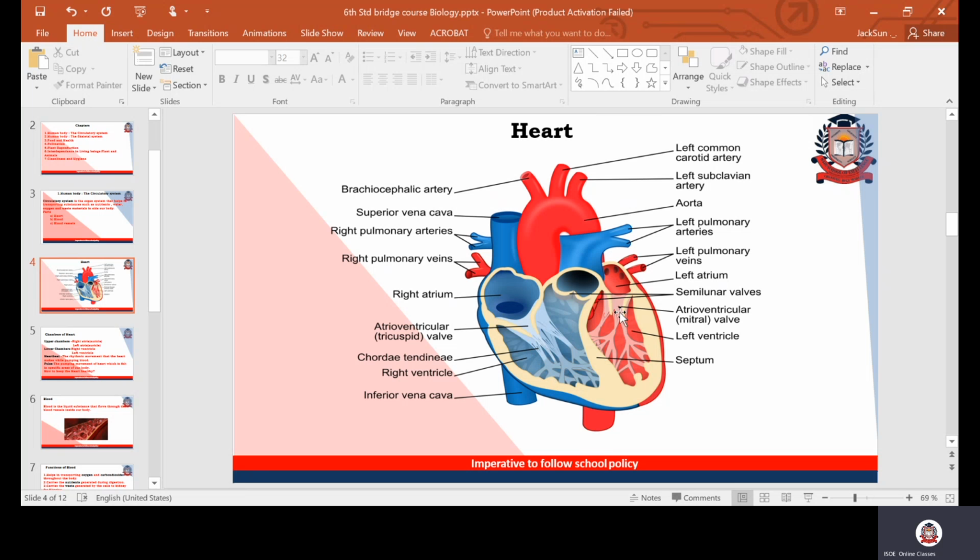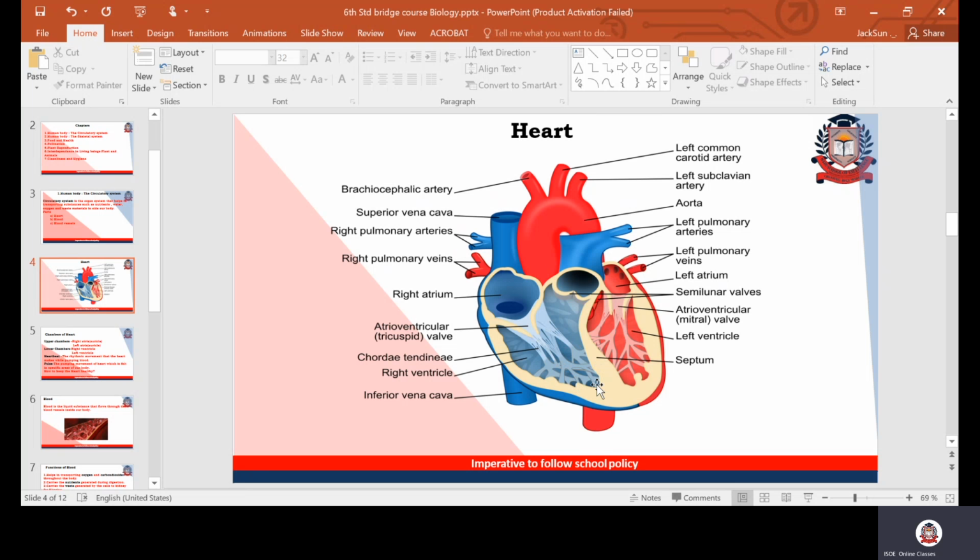Actually, the heart is divided into upper two chambers known as right atrium and left atrium, and lower chambers as right ventricle and left ventricle. So, from the different parts of the body, blood is reaching the right atrium. From right atrium, it is moving to the right ventricle.